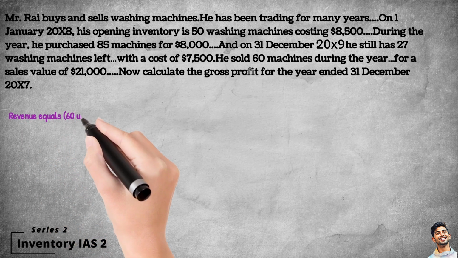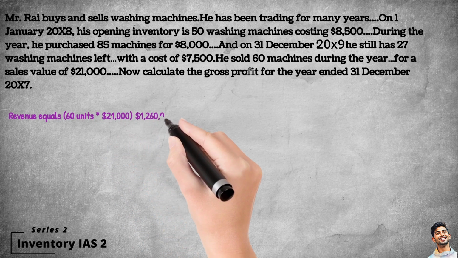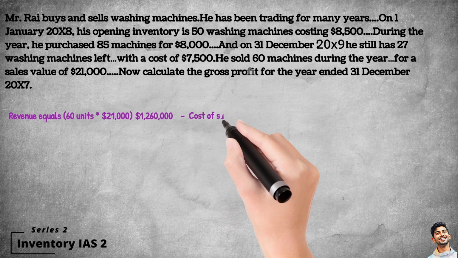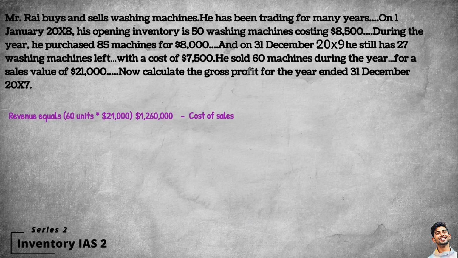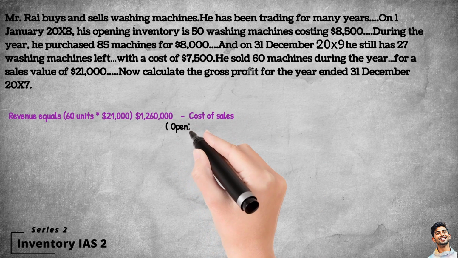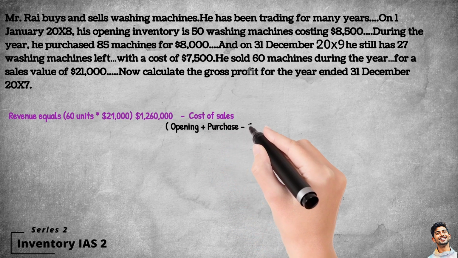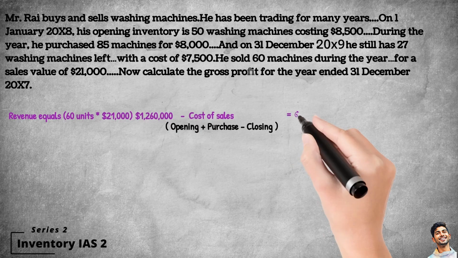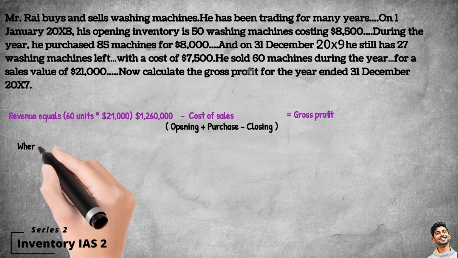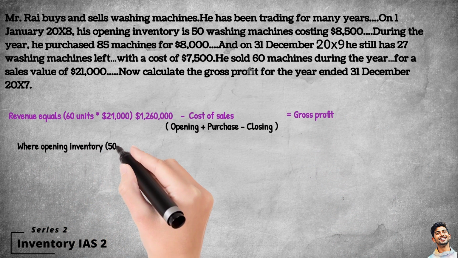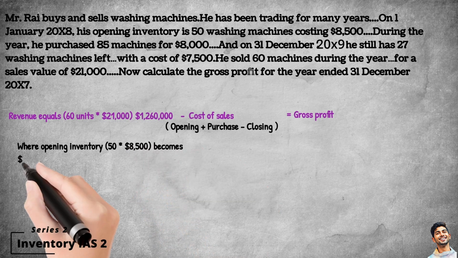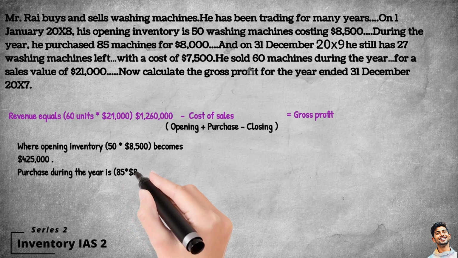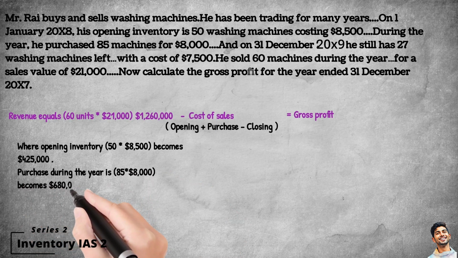So revenue is equal to 60 units into $21,000, which is 1.26 million, less cost of sales, which is opening inventory plus purchases minus closing inventory, and that gives us the gross profit. Opening inventory is 50 units of washing machines into $8,500, which becomes $0.425 million.